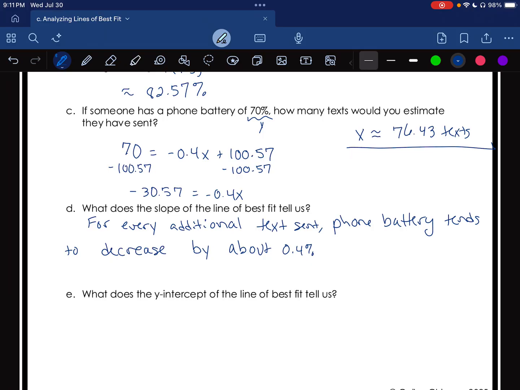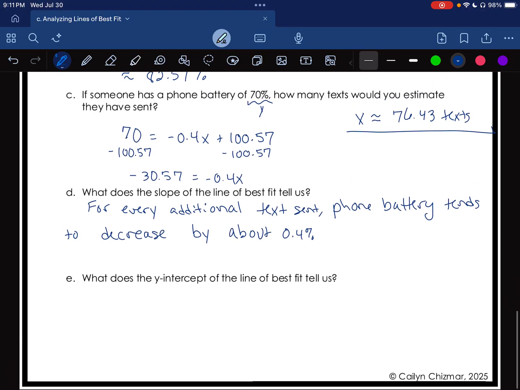All right, so what's going on here is that linear regression doesn't always make sense on a y-intercept.